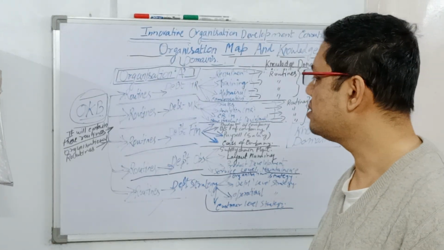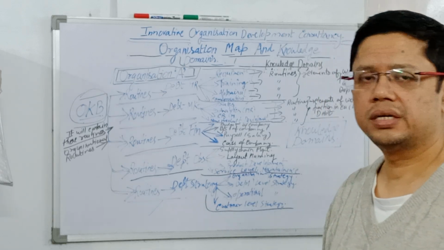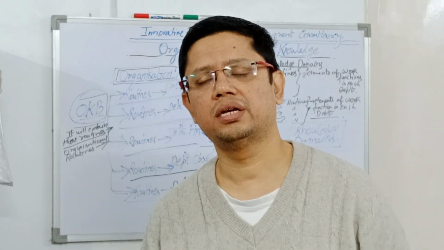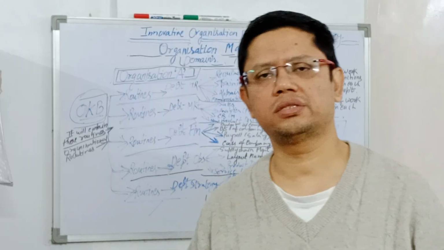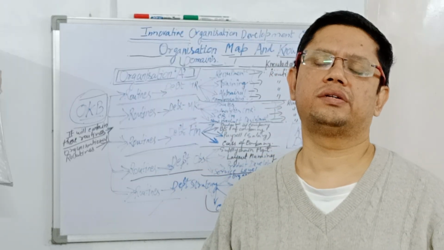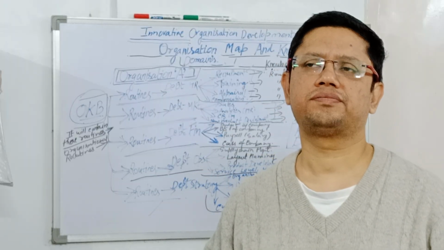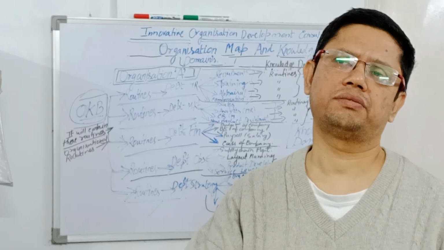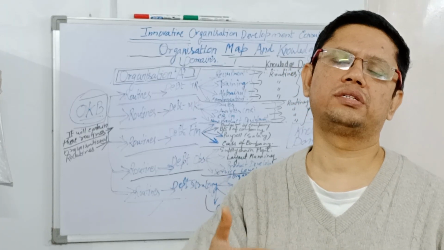So in this session I will limit my discussion to this permutation of knowledge domains. In the next session I will talk about knowledge mapping or knowledge maps. Let's say there is a permutation of 15 knowledge domains.